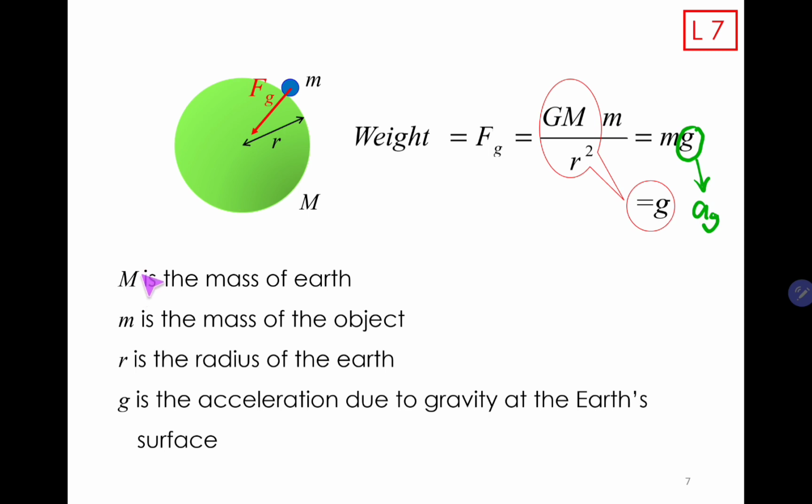Again, capital M here represents the mass of the planet, and m is the mass of the object. r is the radius of the Earth, because the object is located on the surface; it is the separation between the object and the planet. And g is the acceleration due to gravity on the Earth's surface, because the object is located on the Earth's surface here. So by knowing g or Ag, we may calculate the weight of the object.